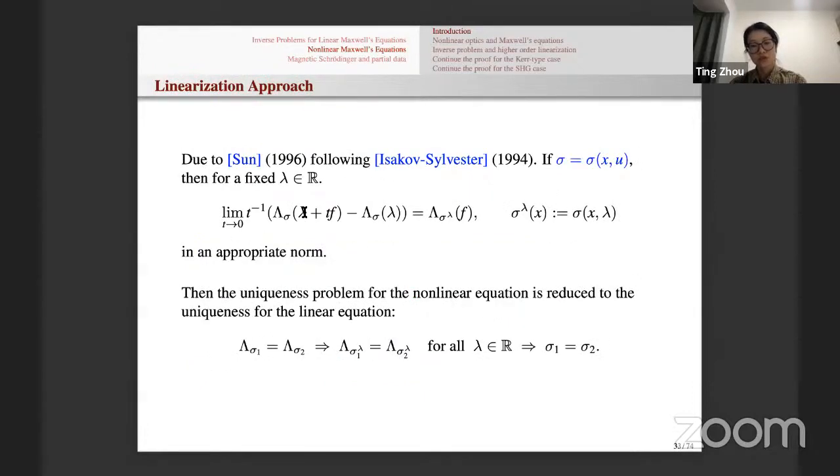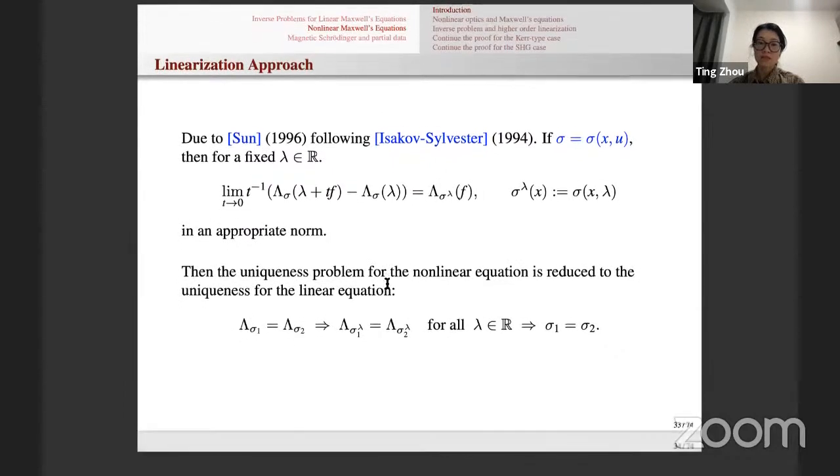Then we can do a first order linearization of the boundary DN map by perturbing the lambda by a small t multiplying a boundary f, and taking this Fréchet derivative with respect to lambda. What you get is a Dirichlet-to-Neumann map associated to a linear conductivity, which is obtained by freezing the nonlinear conductivity at this constant solution lambda.